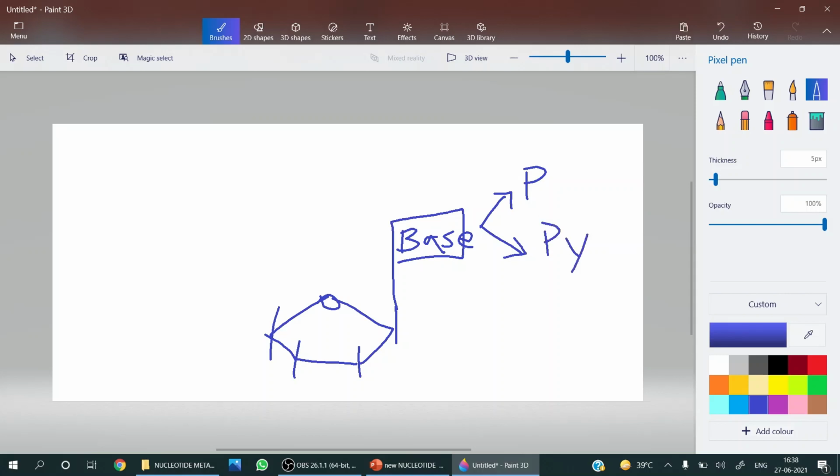So purine bases, always remember, in case of purines, when we attach a purine base, it is the 9 position of purine that attaches with the sugar, like this.